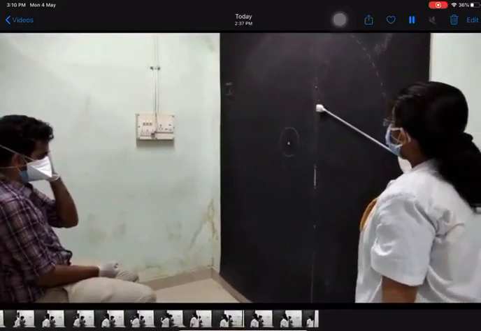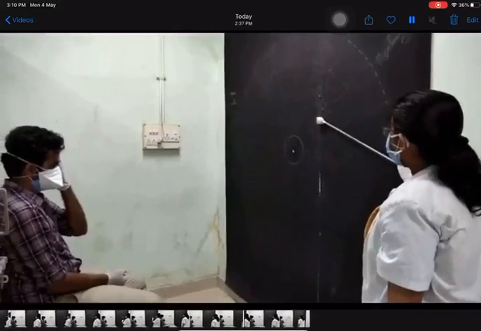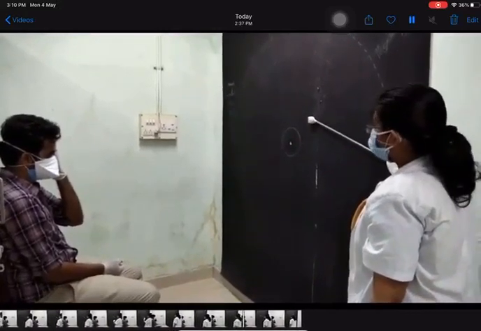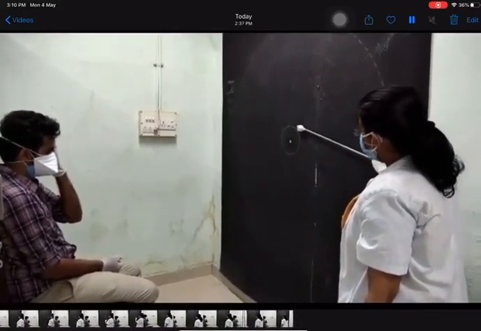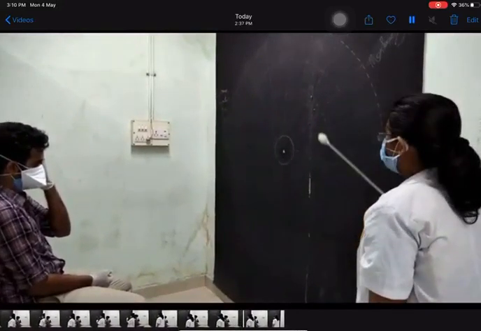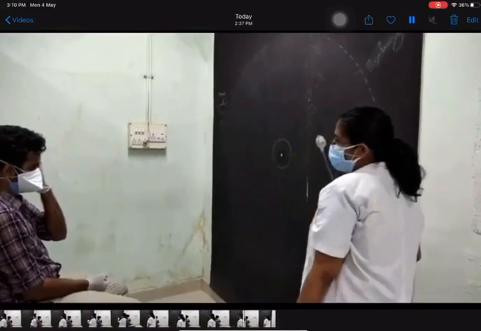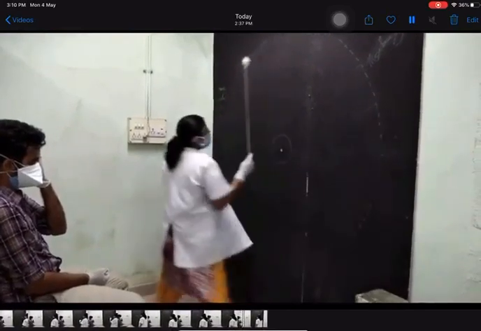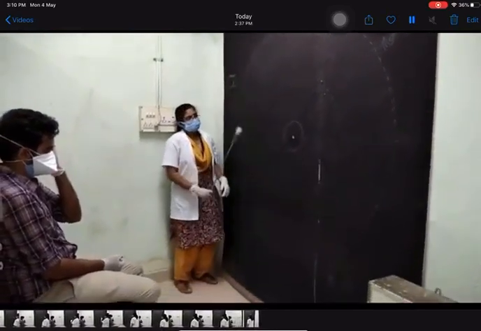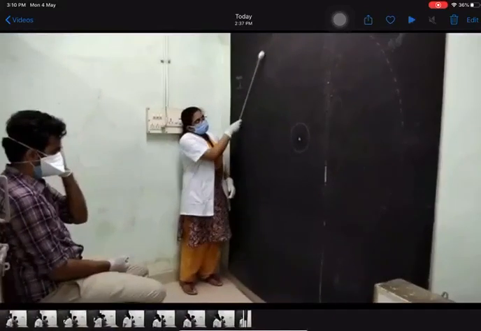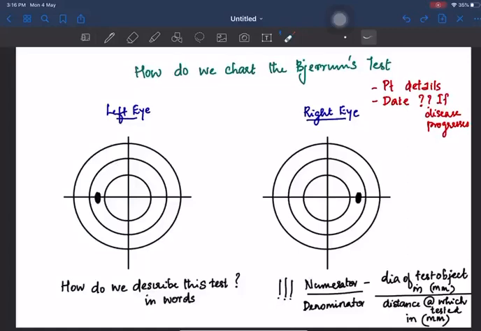And after finishing the temporal side of the right visual field, the examiner crosses over to the other side to examine the nasal field of vision for the same eye. This is to avoid any distractions from the rod attached to the test object. So now we have tested the right visual field of the patient. Similarly, we'll be doing the visual field testing for the left eye also.